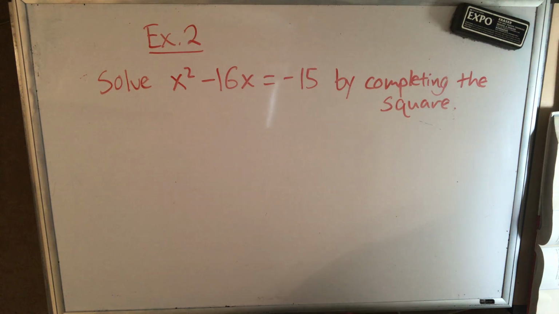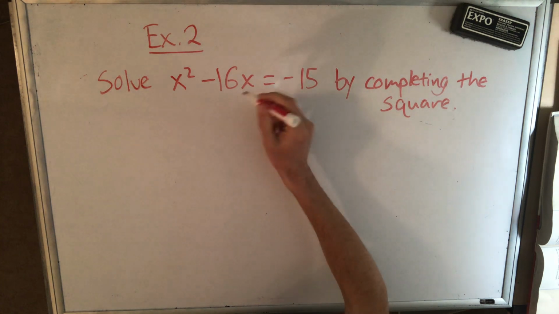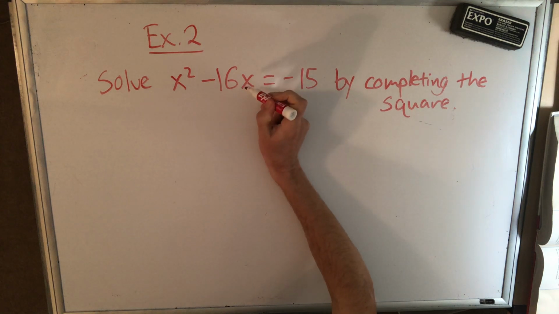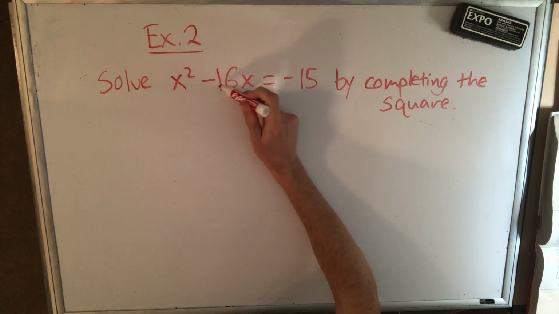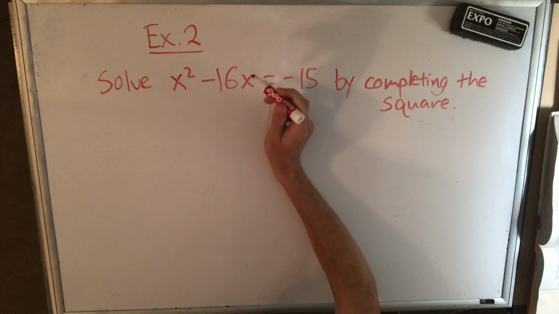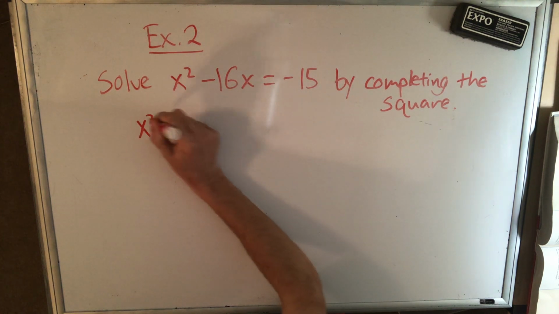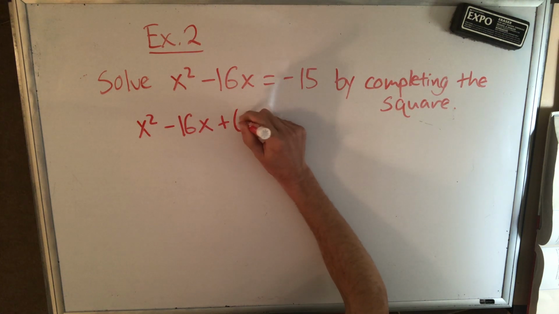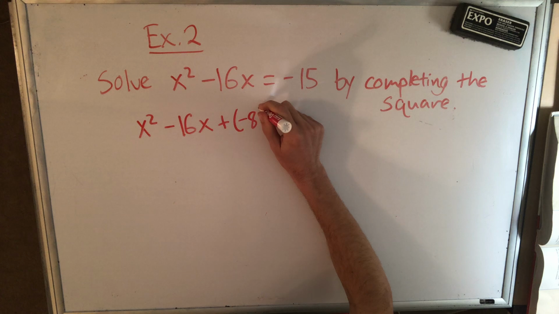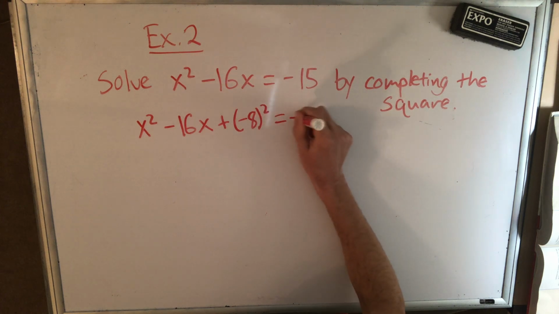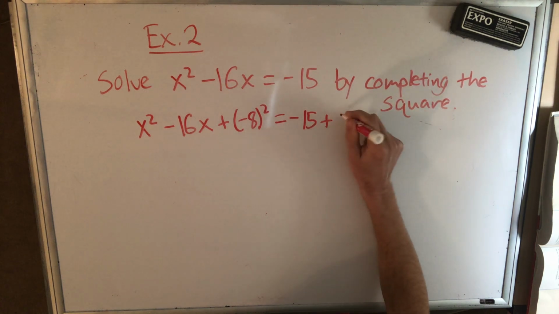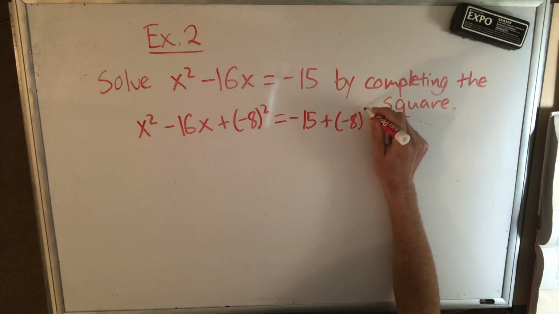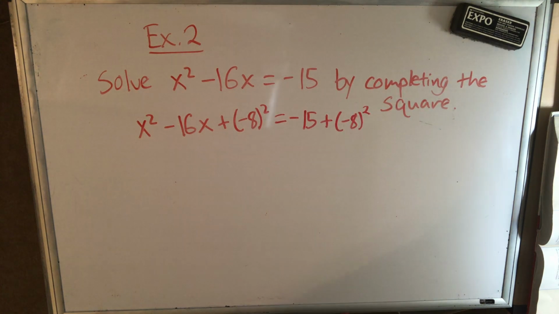So what we're going to do here is take half of the coefficient of the variable term, half of negative 16, which is negative 8. And then we are going to add negative 8 squared to both sides. So as long as you do the same thing to both sides of the equation, it remains true, balanced, and equal.